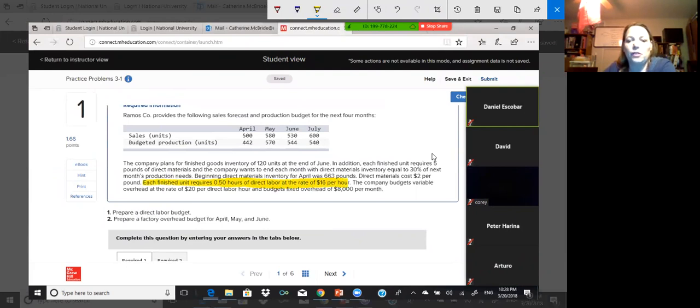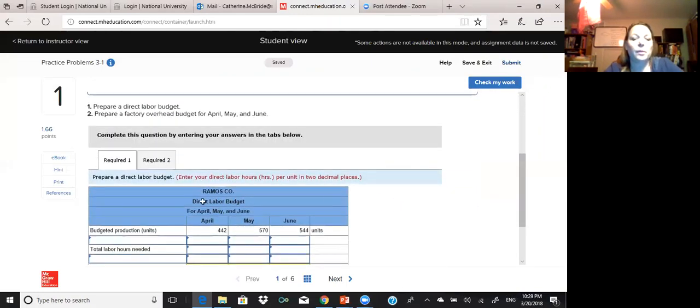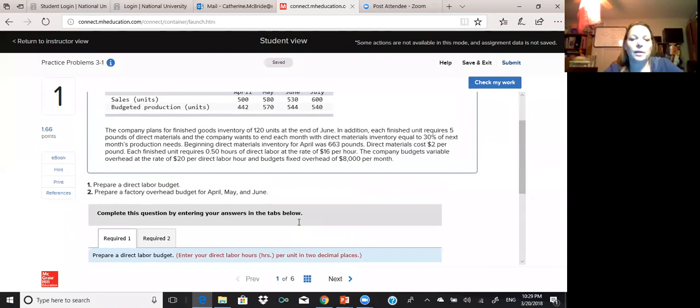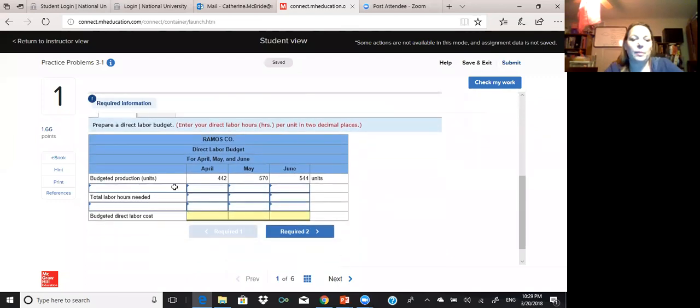The company budgets variable, oh, that's a variable overhead. So just for labor first, 0.5 hours at a rate of $16 per hour. If we go down here to the direct labor budget, we plan to produce 442, 570, and 544. 0.5 hours of direct labor. So I'm going to put 0.5 here.